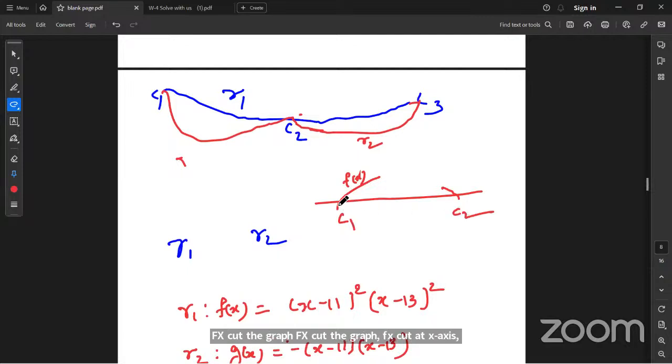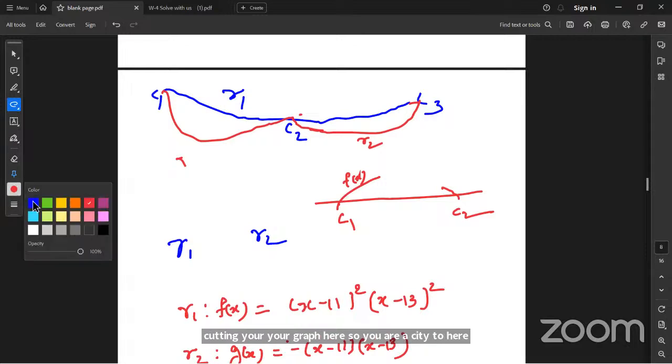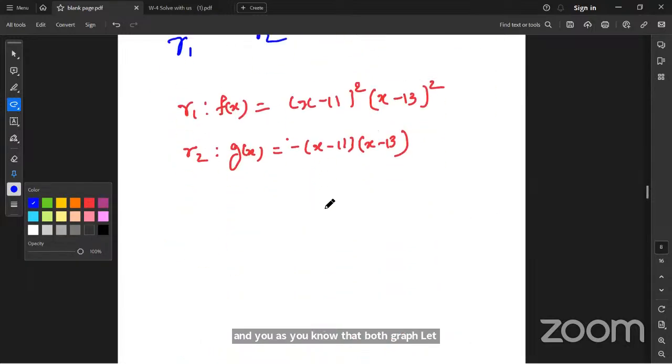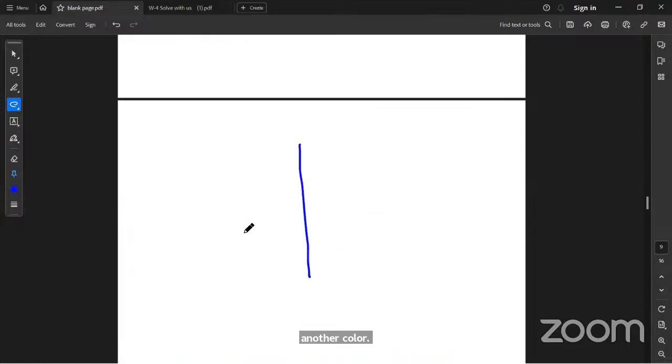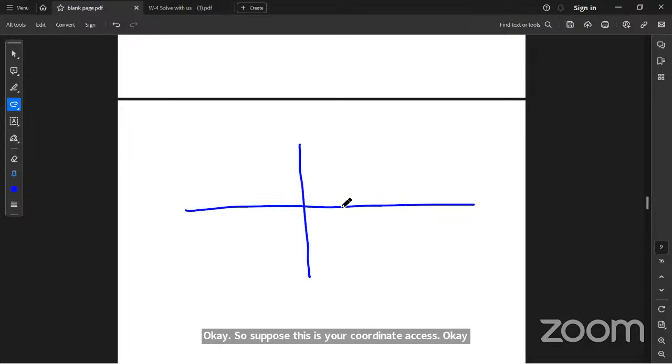Suppose this is your coordinate axis. Suppose the two cities are lying on the x-axis, because they are intercepts. Suppose city 1 is here, city 2 is here.